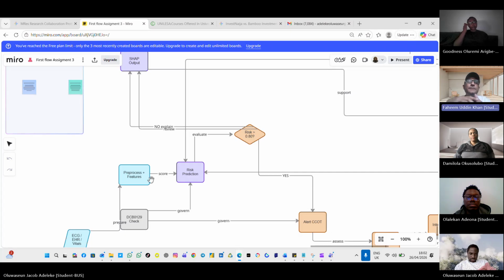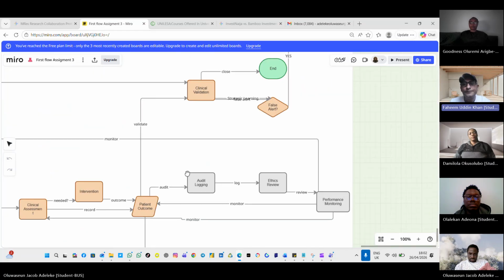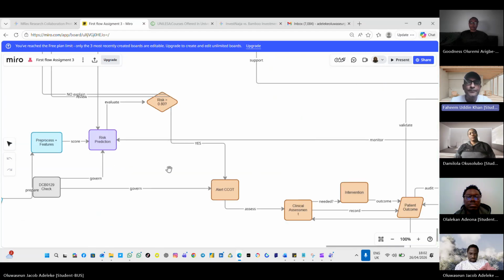In simple terms, it acts as a safety checkpoint, making sure that AI will not harm patients before it is allowed to operate. This step also covers governance and ethics. Patient data must be protected, used fairly, and handled responsibly. Without this layer, even the most advanced AI system could become dangerous.